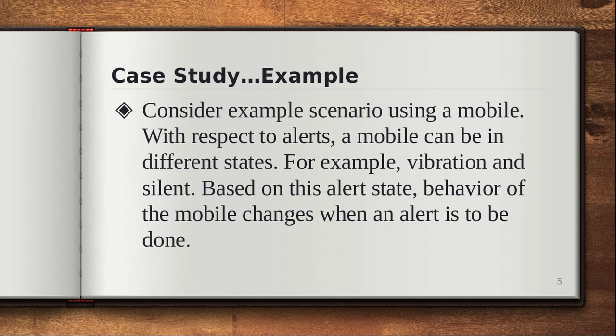If the alert is vibration, it will be in the vibration mode. If the alert is silent, it will be in the silent mode. That means depending on the input it accepts, it will change the behavior. So this is the scenario.